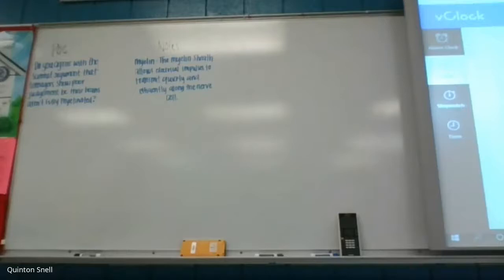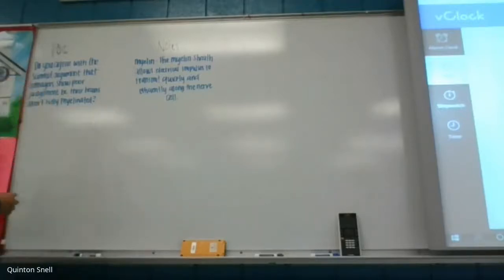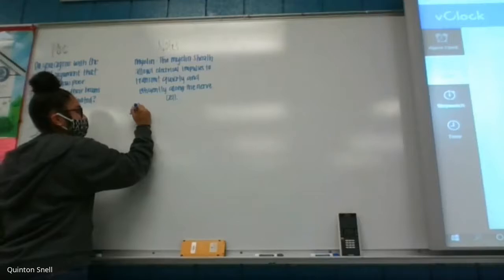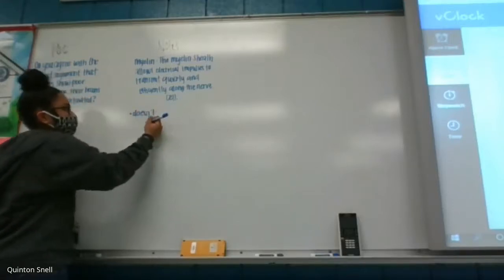Myelin allows electrical impulses to transmit quickly and efficiently along the nerve cell. Some scientists believe it doesn't fully develop till around 20.